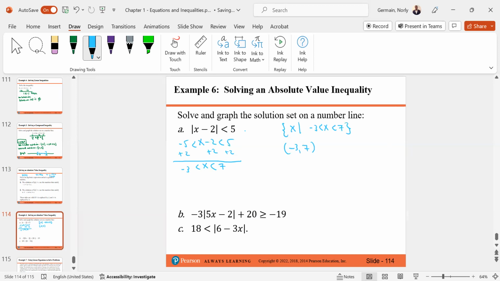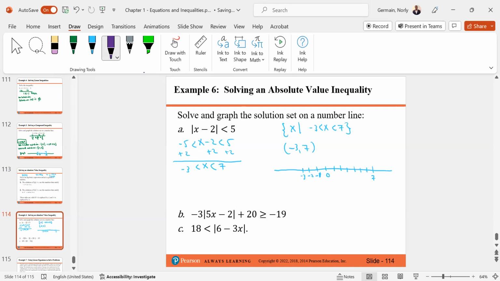Interval notation would be (-3, 7). On the graph, we have 0, -1, -2, and -3, then 1, 2, 3, 4, 5, 6, 7. We end up having something very simple because it's an open interval.